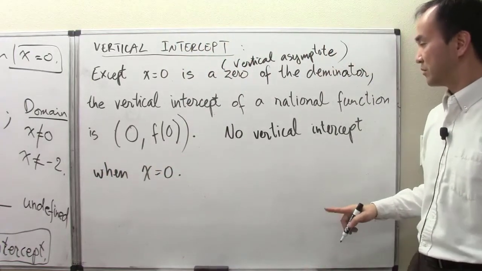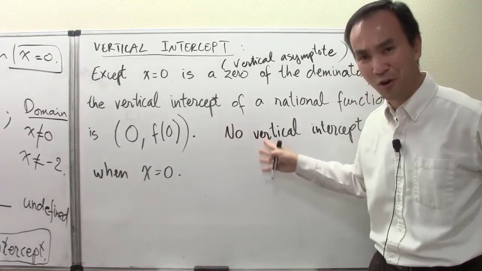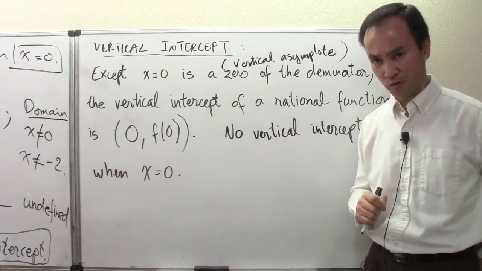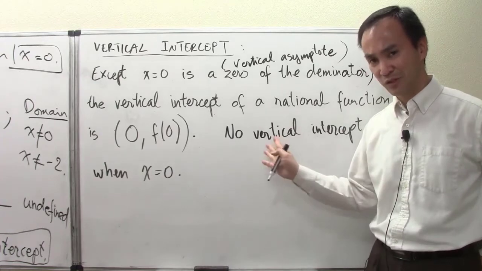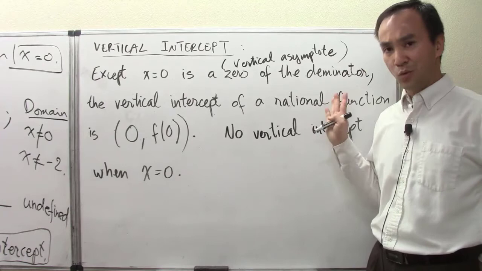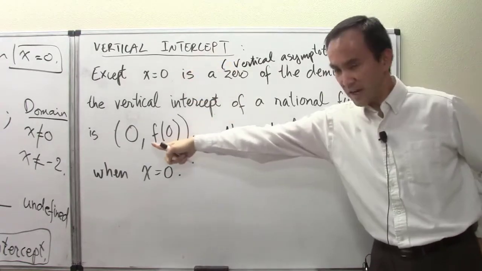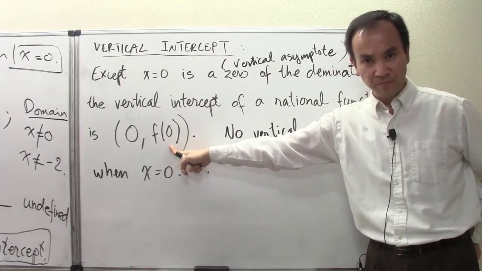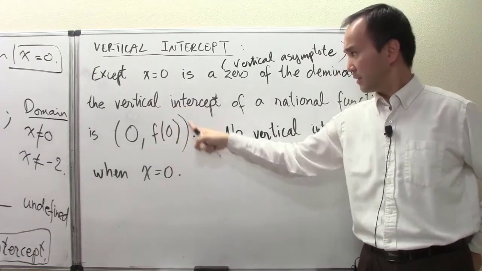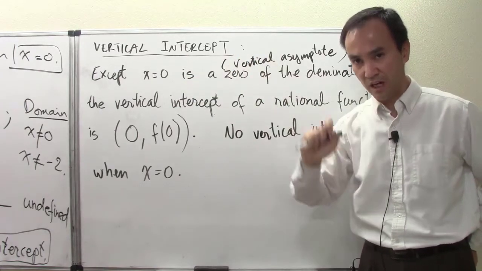Or just a little more properly with the grammar, there is no vertical intercept when x equals 0, but just to keep it short and understandable in a limited space like this, allow me to write with informal grammar. All right, so that's one general guideline. This is generally how we find it. Let x equal 0, substitute that in the function. That's our y-intercept. But this only works for any x value except x equals 0 being the 0 of the denominator.